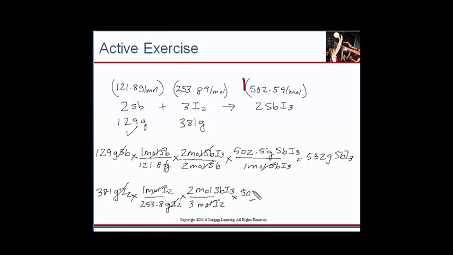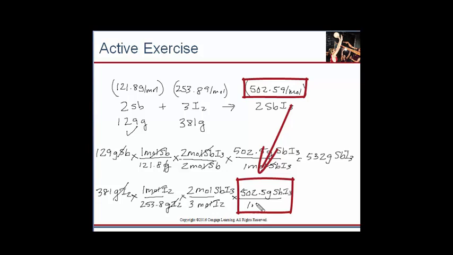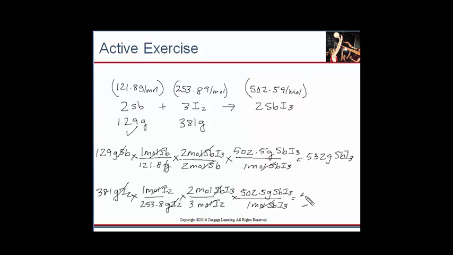Say there are 502.5 grams of product in 1 mole of it. And in this calculation, I get 503 grams of product. So one of these is possible and one of these is impossible.